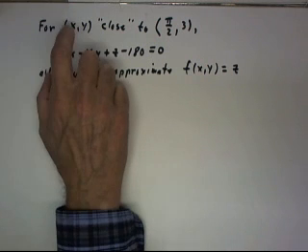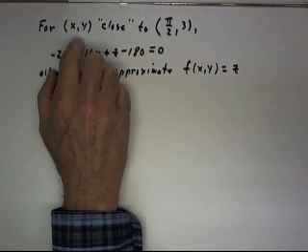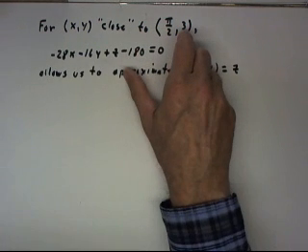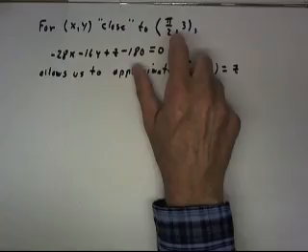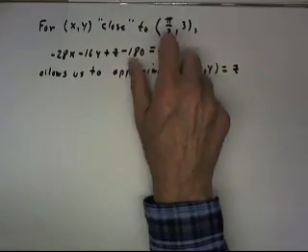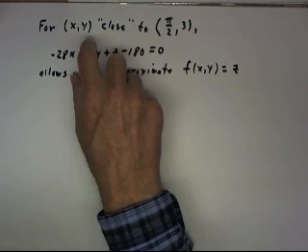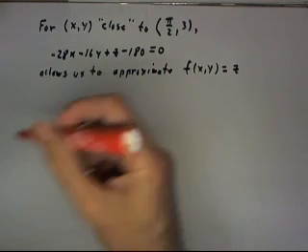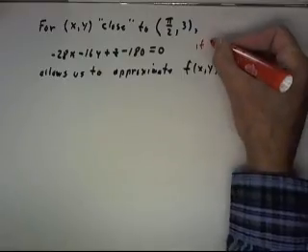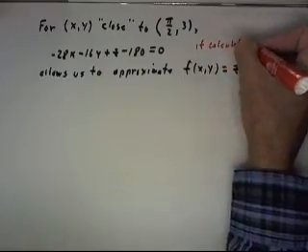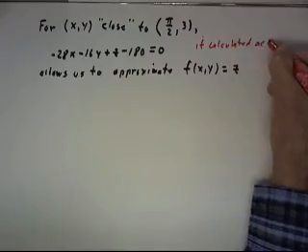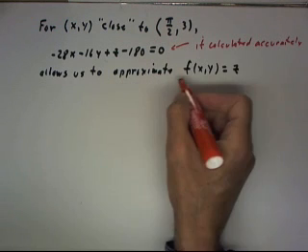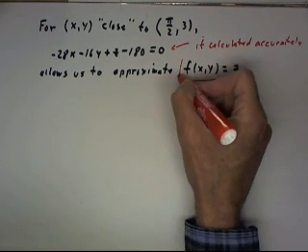Well, if xy represents a point that's close in some sense to pi over 2, 3, then the slopes in the y and x directions will not have had much time or much distance over which to change. And this plane, if calculated accurately, would allow us to approximate f of xy equals z.